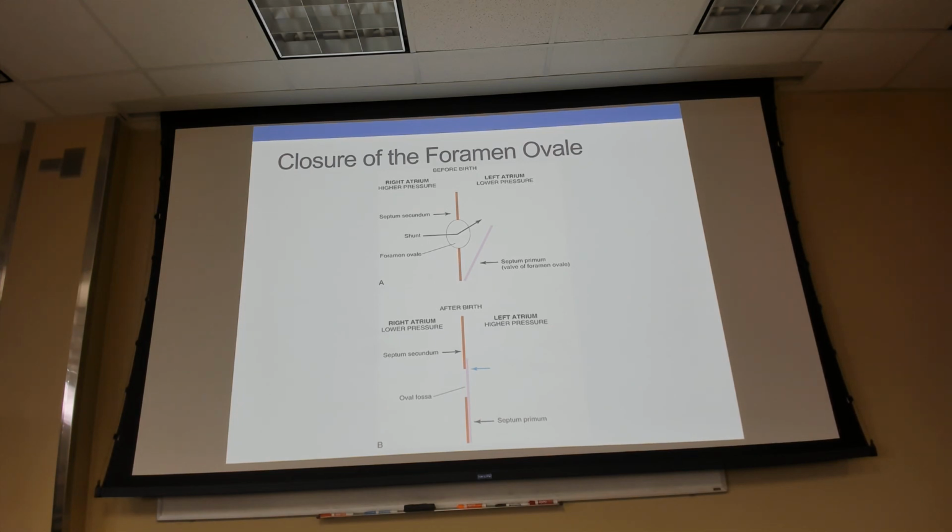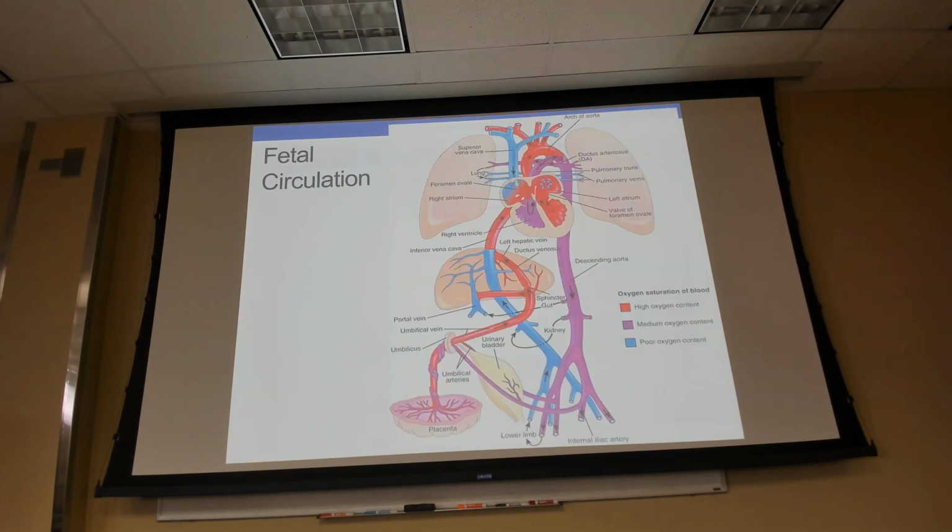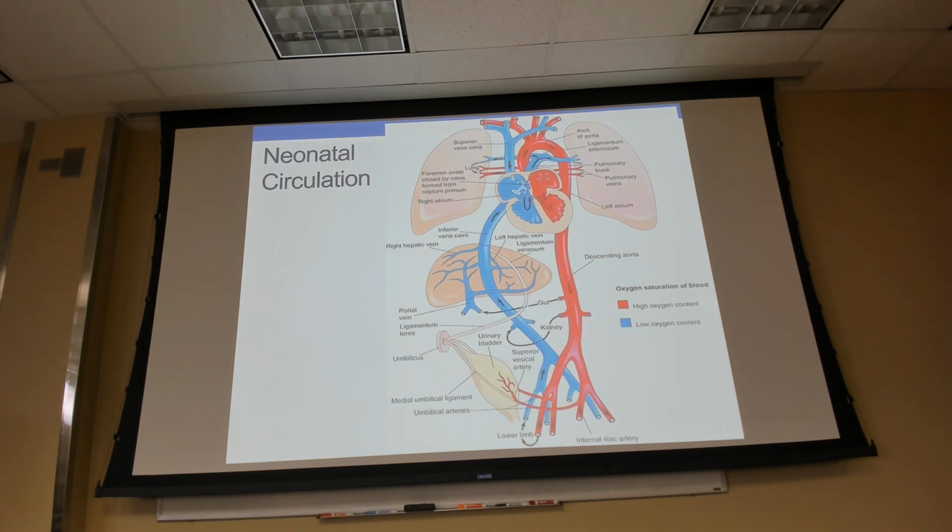And so if there's an opening, it's going to go left to right instead of right to left at that point. That is what you are going to see. So, reminder of the 3 places: the ductus arteriosus bypasses the lungs, the foramen ovale also bypasses the lungs, and then your ductus venosus is bypassing your liver.